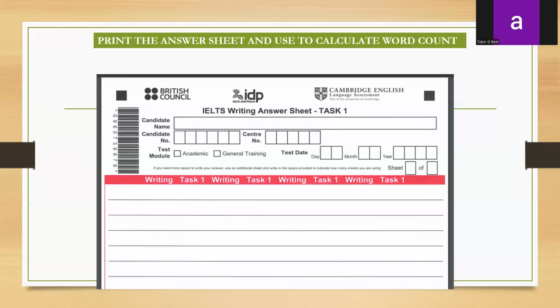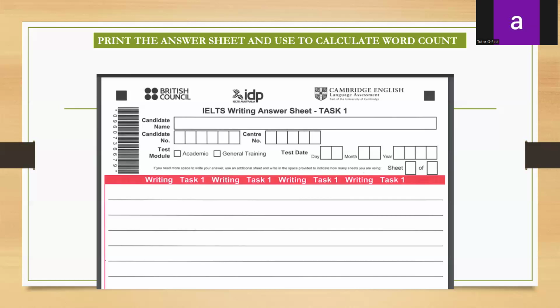Like I said, time is never enough for any test. So don't waste your time counting inside the exam hall. Print this official answer sheet before the test. Write your essay or your letter on it, or your graph interpretation on it. Then count one by one. Okay?